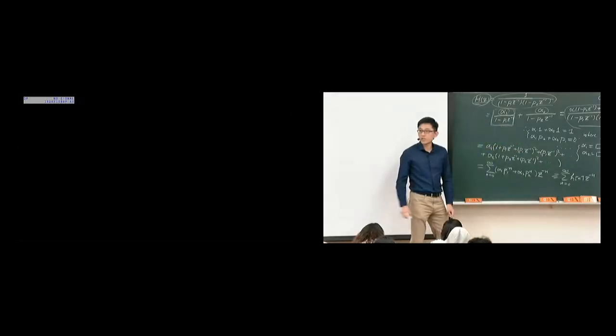H of z, by definition, is the summation of h[n] z to the minus n, right? That's the transform's definition. If this is a causal system, n starts from time 0 for the causality assumption. Based on causality, we assume that the leading term is n equals 0, and from 0 we sum to infinity.